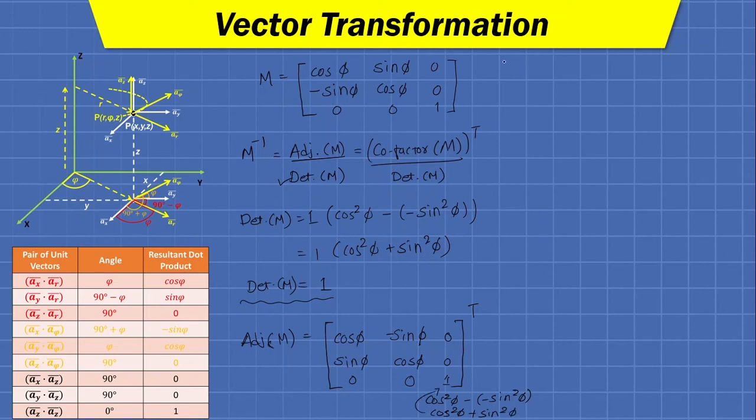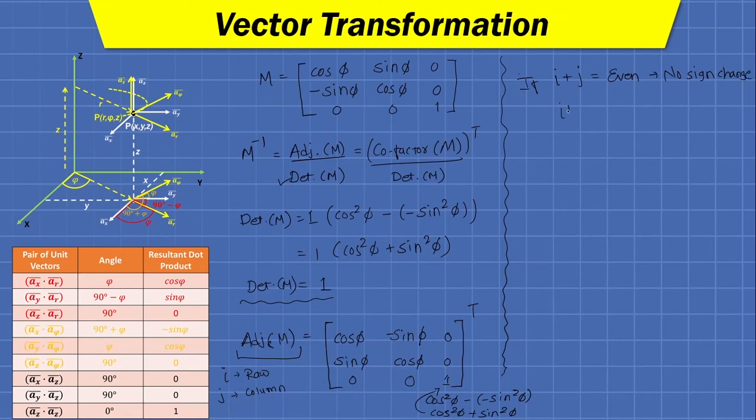Now to find the adjoint, here one rule is there. Whenever you are finding the adjoint of any matrix, you need to change the sign of some elements. If I represents the row and J represents the column, and I plus J gives you an even number, then no sign change will be there for that element.